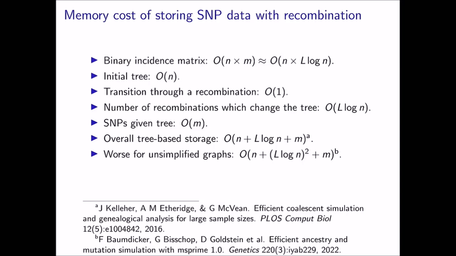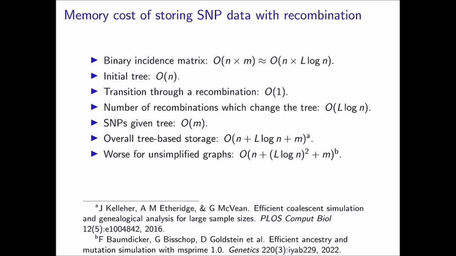So a recombination will essentially enact one of these subtree prune regraft moves and change the tree in that way. And I already highlighted earlier that a subtree prune regraft can be implemented in order 1 time. A single one of those will require order 1 computation or order 1 storage. How many recombinations do I actually get?